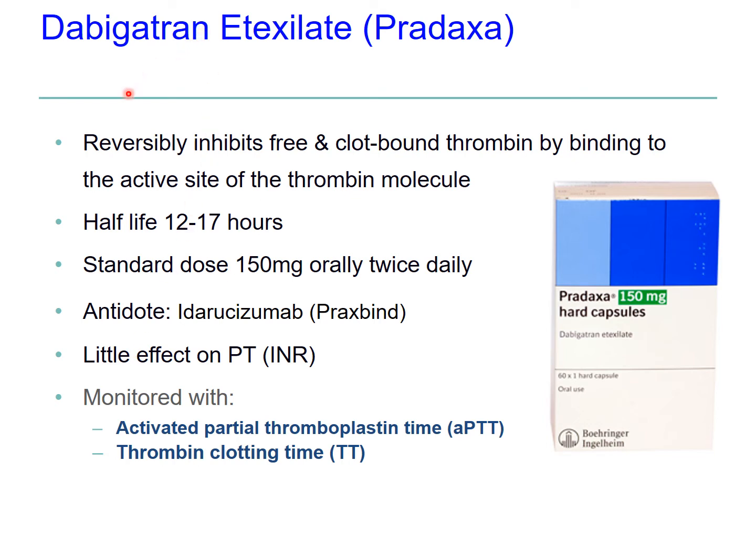Because dabigatran mainly affects activation of thrombin, the prothrombin time or INR tests are not the right ones to monitor the anticoagulant activity of dabigatran, and it is mainly monitored either using APTT, which measures the integrity of intrinsic and common pathways of blood coagulation, or by measuring the thrombin time.